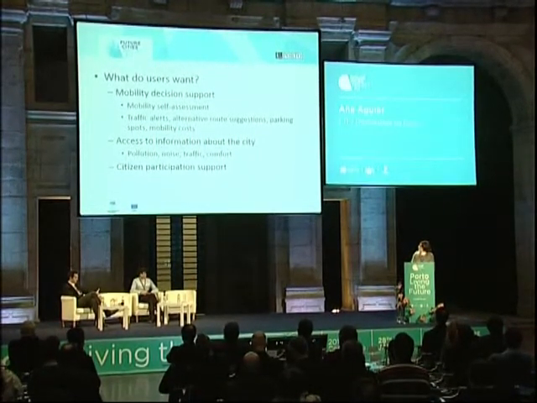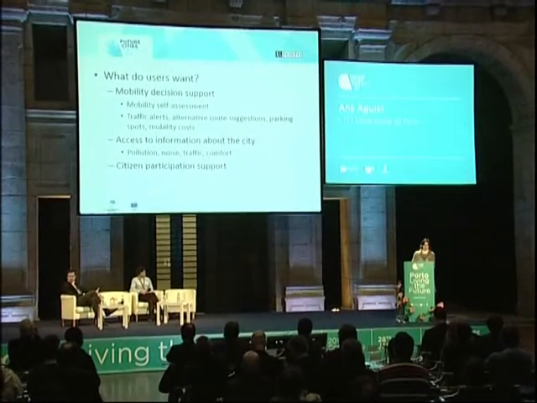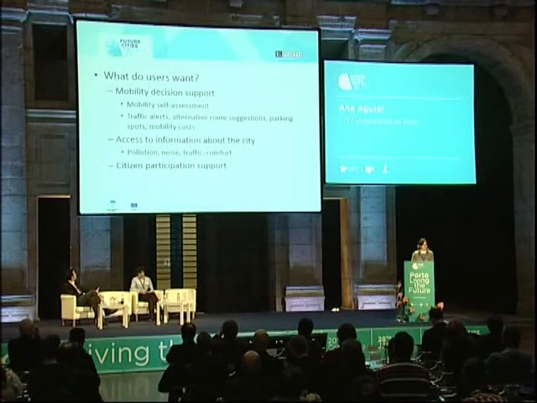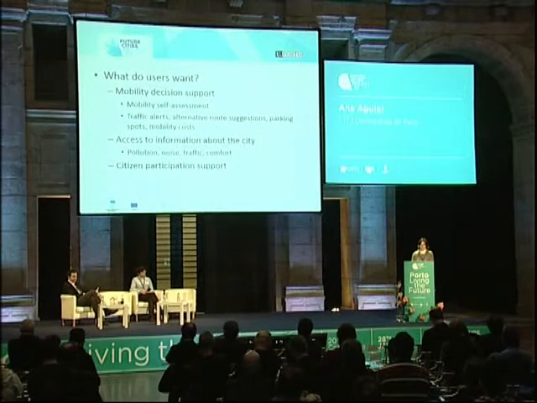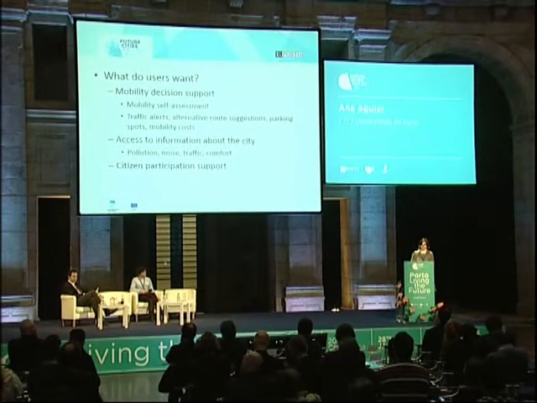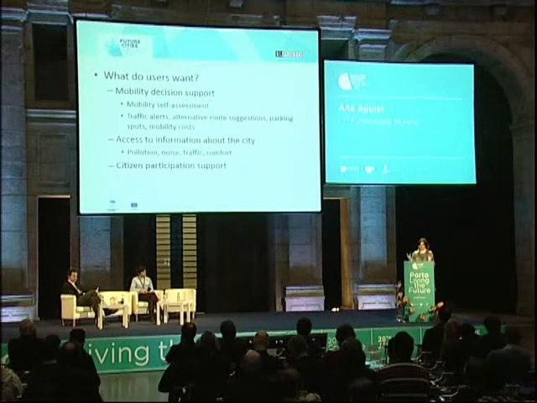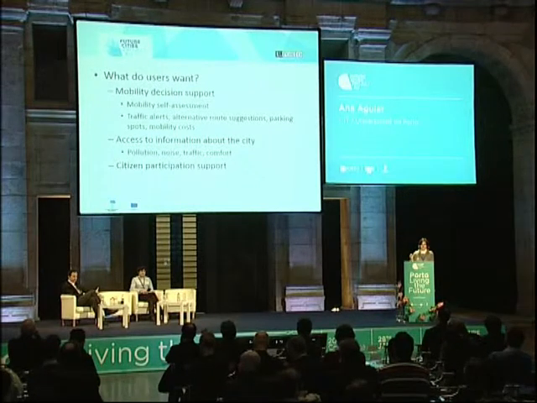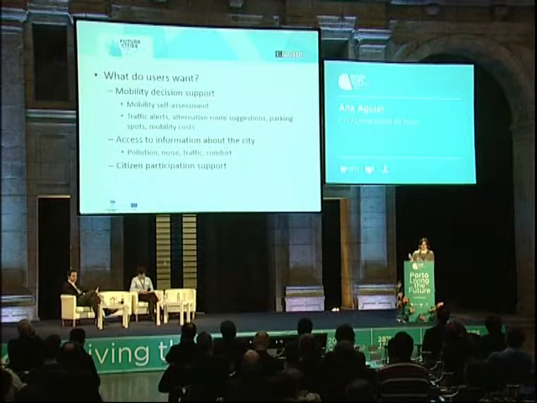Many users in that workshop also suggested that they would like to have services that would provide traffic alerts, so congestion, accidents, roads that are blocked. And alternative route suggestions: they have their usual everyday routes to work, to go to the gym or whatever, but they would like to eventually get suggestions of better ways to get there, because somebody else does a similar trajectory faster or in a cheaper way.